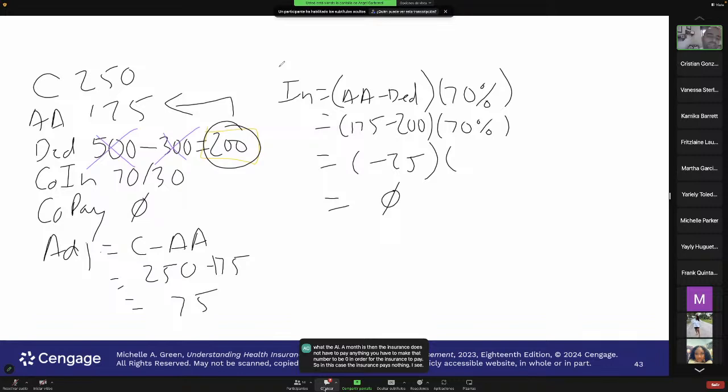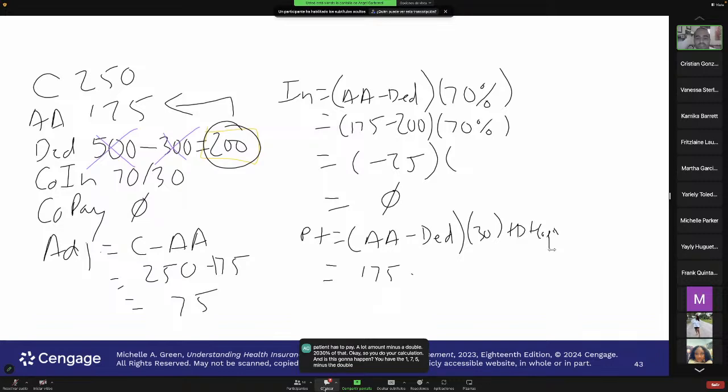Let's see, how much does the patient have to pay? Well, the patient has to pay allowed amount minus deductible, 30% of that, plus deductible, plus copay. So you do your calculation, and this is what's going to happen. You have 175 minus the deductible, that is 200.